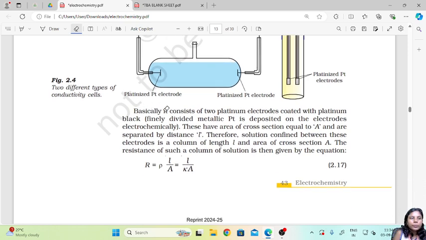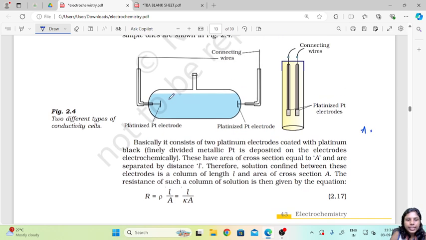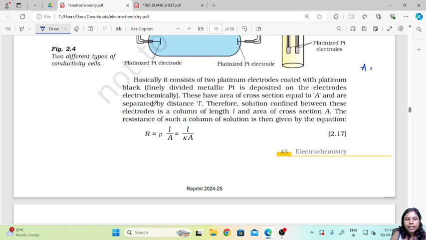Basically it consists of two platinum electrodes that are coated with platinum black, that is, finely divided platinum is deposited on the electrodes electrochemically. These have a cross-sectional area equal to A, and they are separated by a distance L.